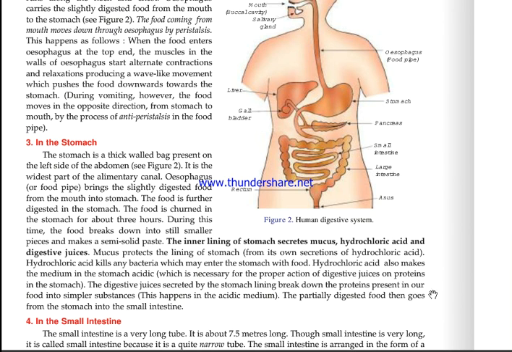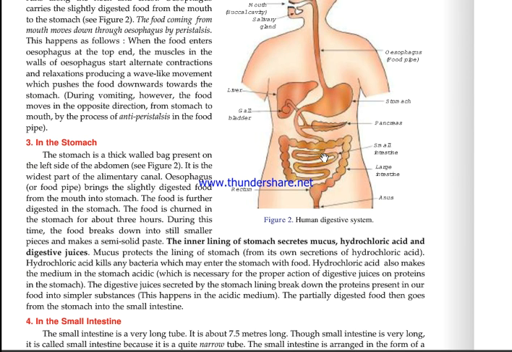The partially digested food: here digestion of food does not take place fully, because the food only breaks down into smaller pieces, simpler substances. Actually, the nutrients present in the food we eat, almost all nutrients, are absorbed when the food goes into the small intestine.